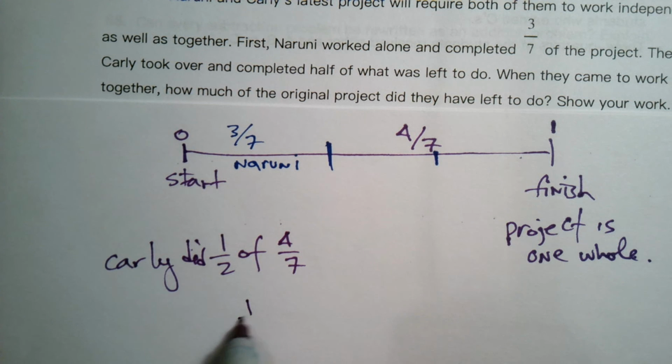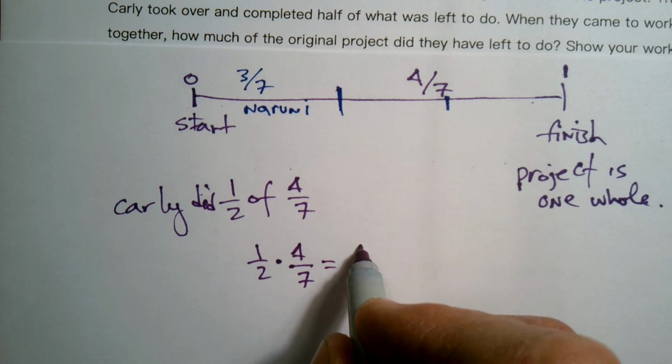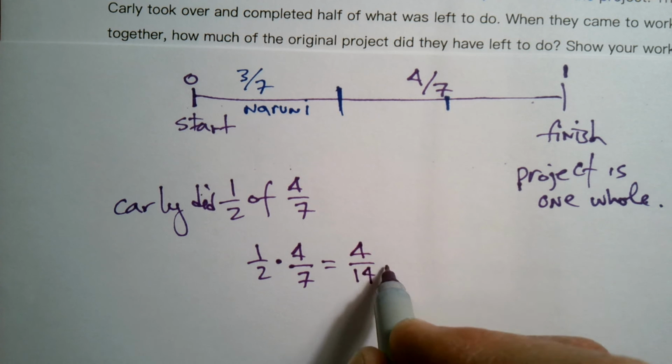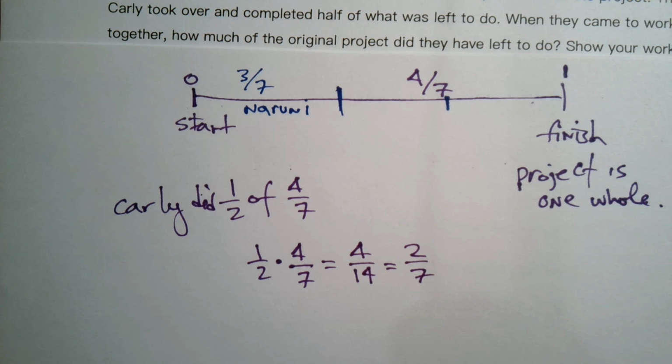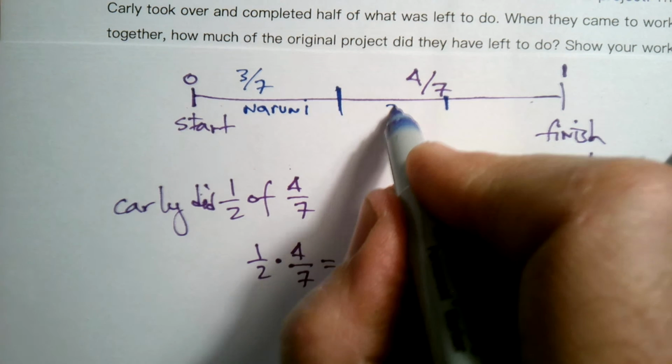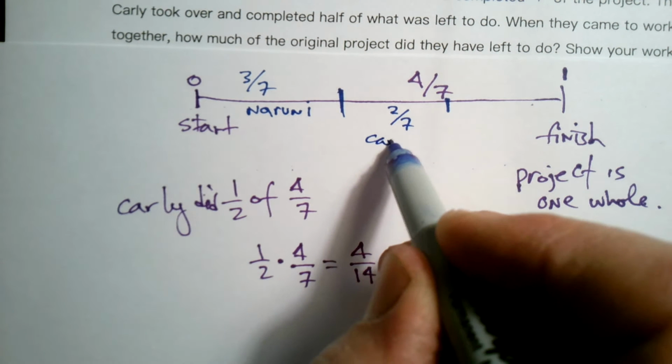What do we need to do? The word "of" is an indicator that we're multiplying: 1/2 times 4/7, which is equal to 4/14, which will reduce to 2/7. So from here to here is 2/7, and that's what Carly did.